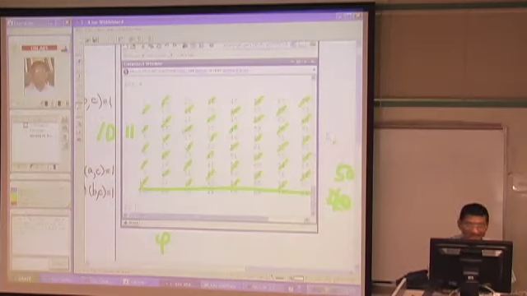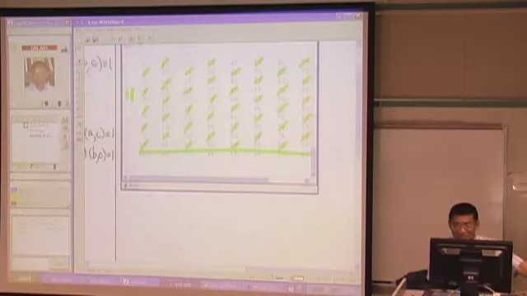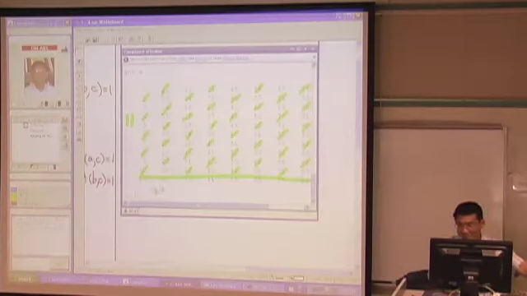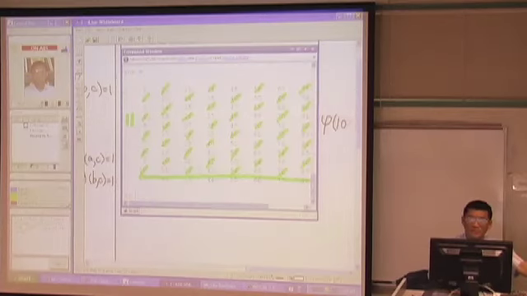Yeah, you may see it, I cannot see it. Let's mention it. First of all, in each row, there are 10 rows, 11 rows. Among 11 rows, phi of 11, which is 10.